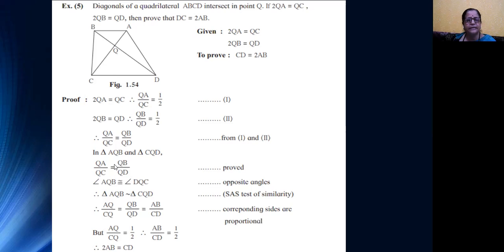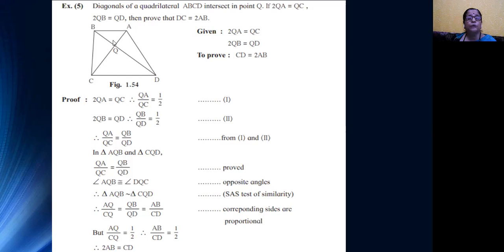And this angle AQB and another angle DQC, this side angle and this side angle, are congruent because these two are opposite angles. Therefore, we can see two sides are in proportion and one angle is congruent in triangle AQB and triangle DQC.